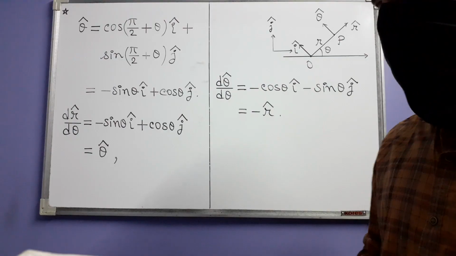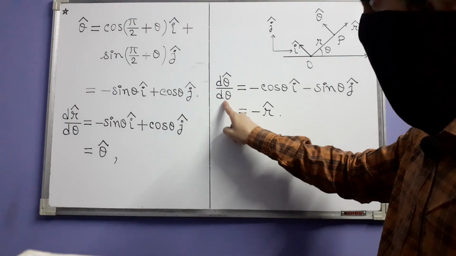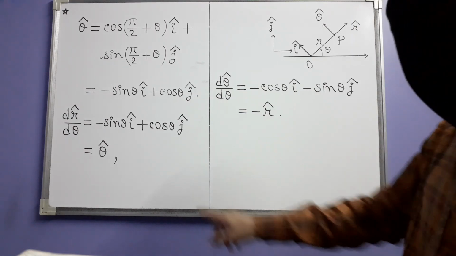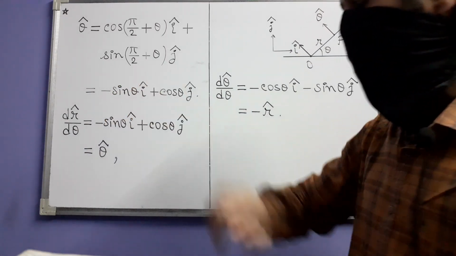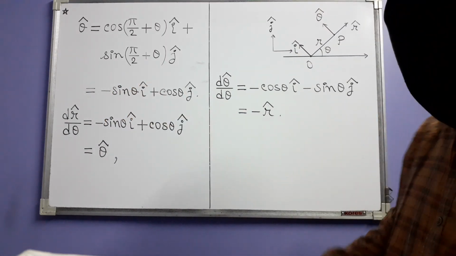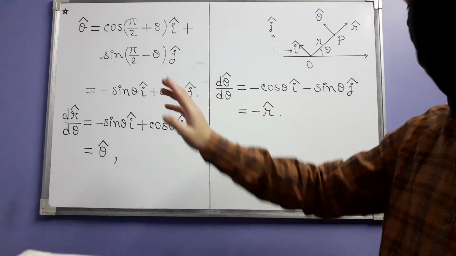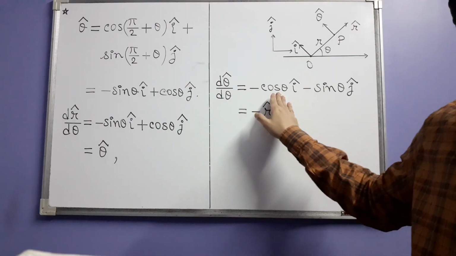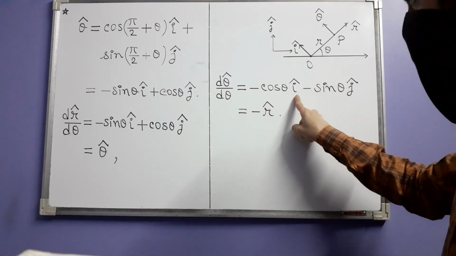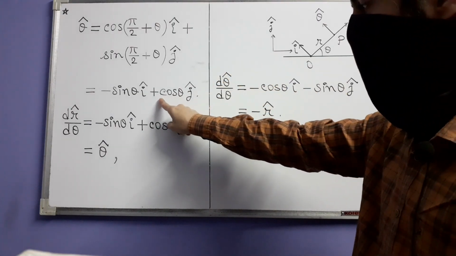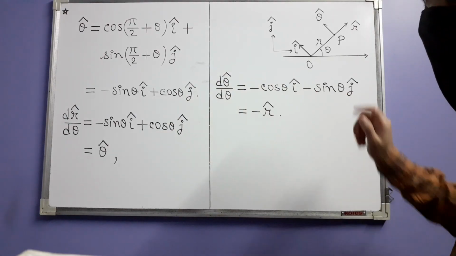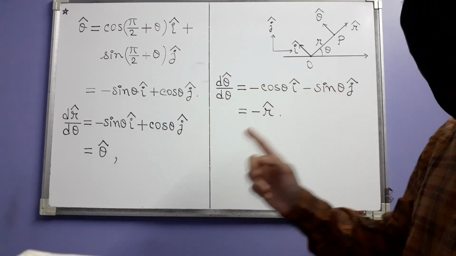And when you differentiate theta hat with respect to theta, what are you going to get? You carry out a similar calculation. Differentiating minus sin theta with respect to theta, you get minus cos theta. The minus sign remains, because sin theta when you differentiate gets you only cos theta times i hat, plus this time when you differentiate cos theta you get minus sin theta, so minus sin theta j hat, and you go back to what r hat is.